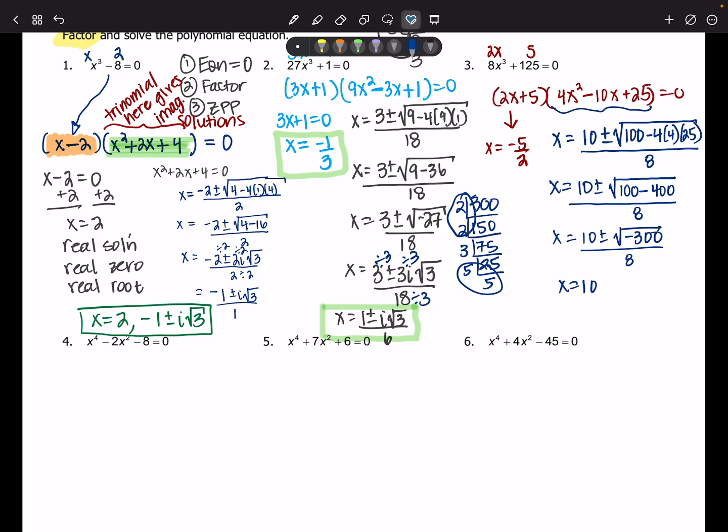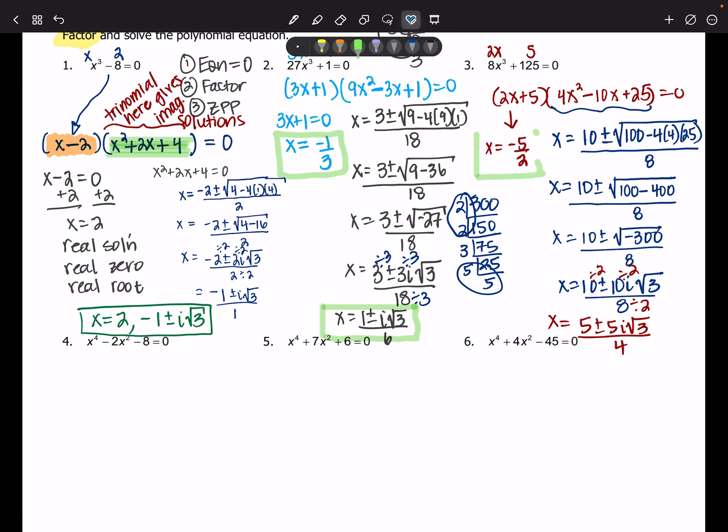That's going to be a 10 that comes to the outside along with the negative, so that's an i. And then the leftover is just a 3. And then the 10 and the 8 reduce. Those are all divisible by 2. So our second answer is x equals 5 plus or minus 5i times the square root of 3 all over 4.